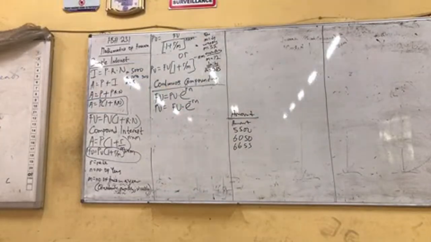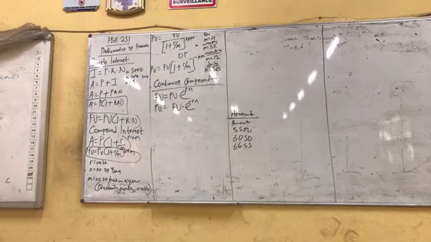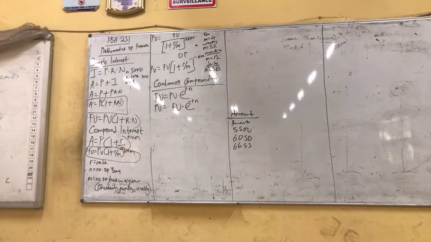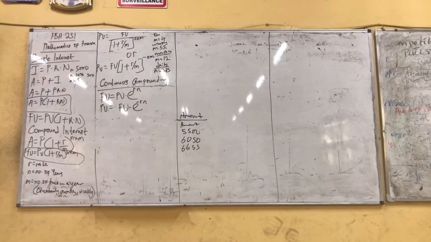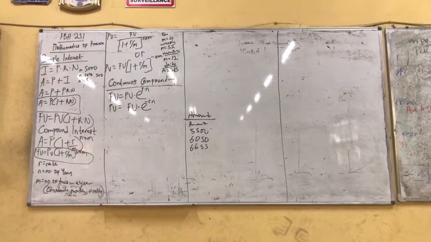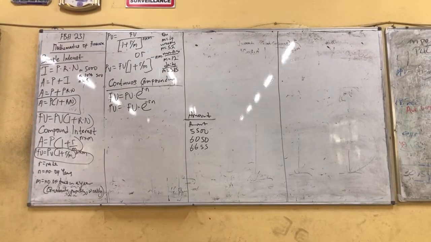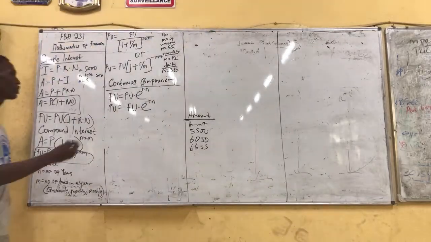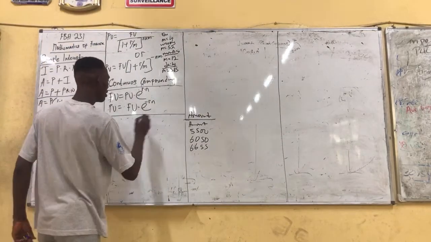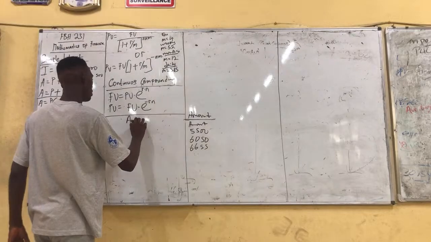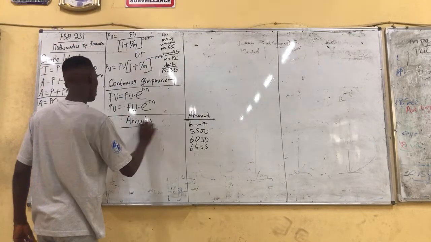So in your question, you'll be given a constant amount that you were depositing in your account. But before I go to that, let me give you the formula for it.